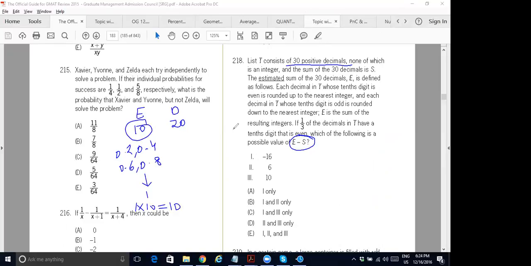For all the odd tenths, 0.1, 0.3, 0.5, 0.7, 0.9, we have to round down. That is, all these 20 numbers will become 0. So 10 plus 0, we have a definite value of E. E is 10.